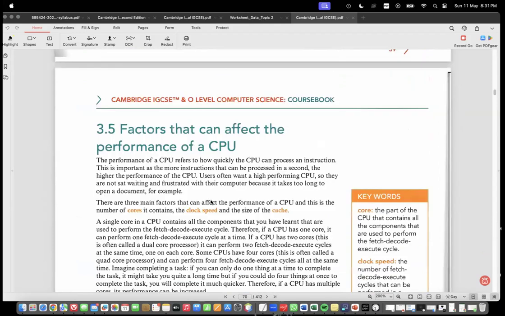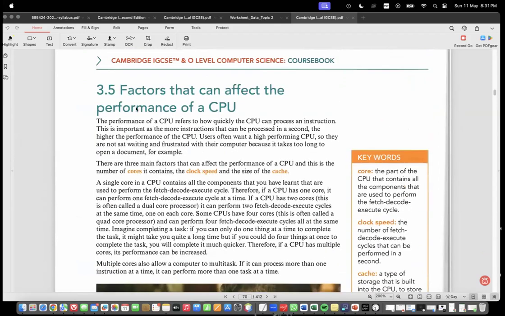Now, the next topic: what are the factors that can affect the performance of a CPU? So there are 3 factors. Cores means ALU. If we are saying our processor is dual core, this means we have 2 ALUs, and 2 ALUs means we can perform 2 tasks at the same time.